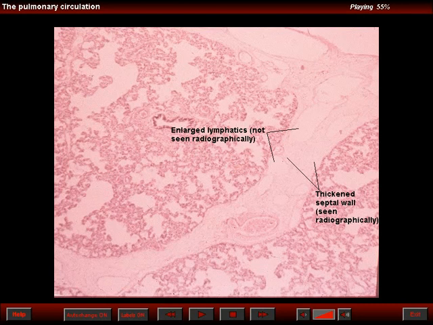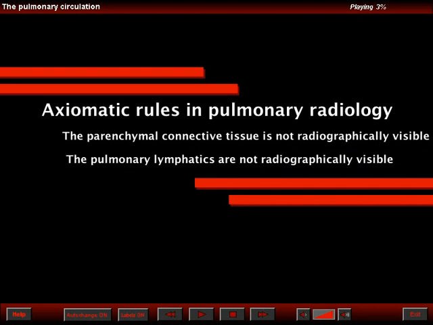This is a close-up of a thickened wall of a pulmonary secondary lobule, which contains dilated lymphatics within it. It is the thickened wall that accounts for the septal lines, not distended lymphatics or distended venules. Another axiomatic rule is that pulmonary lymphatics are not radiographically visible.